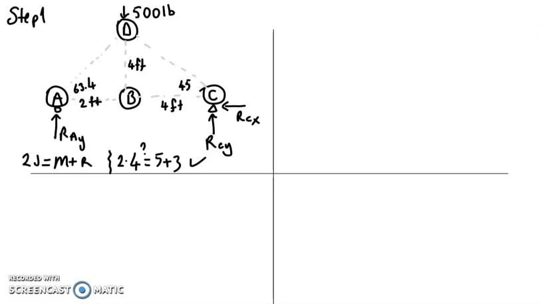Okay, right now let's go to step 2. In step 2, what we are doing is applying that the total moment should equal 0, because it is a static system, it's not moving.